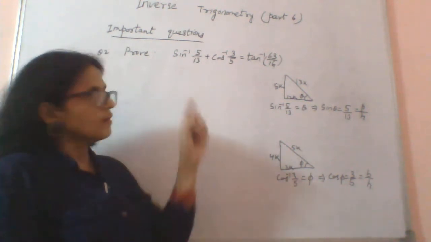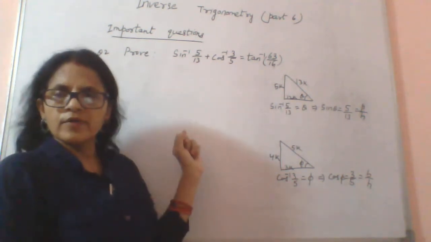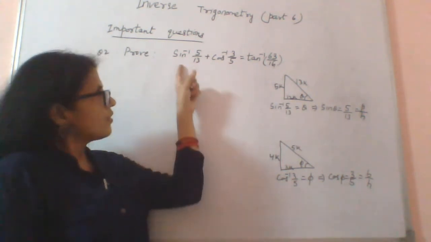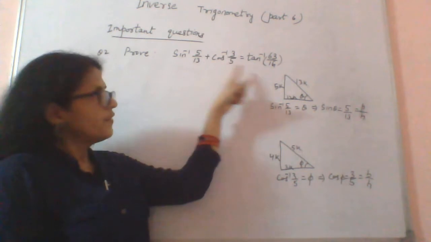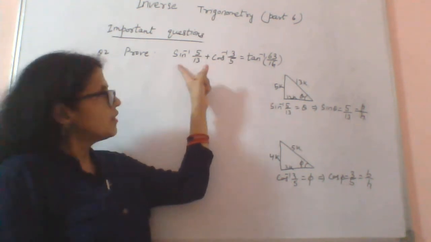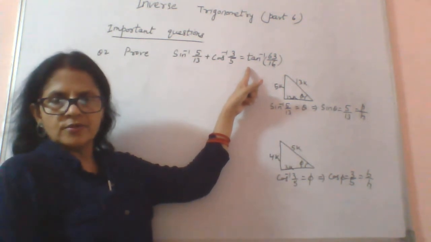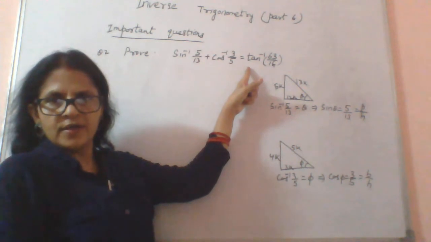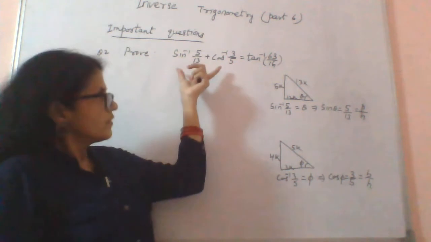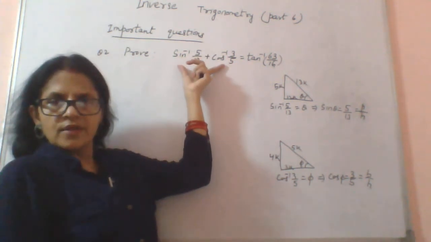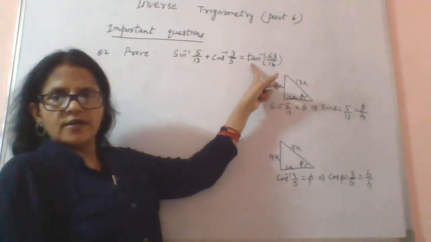Either one is tan inverse and the other two can be converted to tan inverse, or if you keep sin inverse the other two can be converted to sin inverse, or if you keep cos inverse the other two can be converted to cos inverse. That is the choice we have. The best way, I thought, is to convert these two to tan inverse and then apply tan inverse x plus tan inverse y, so that I can get tan inverse here.